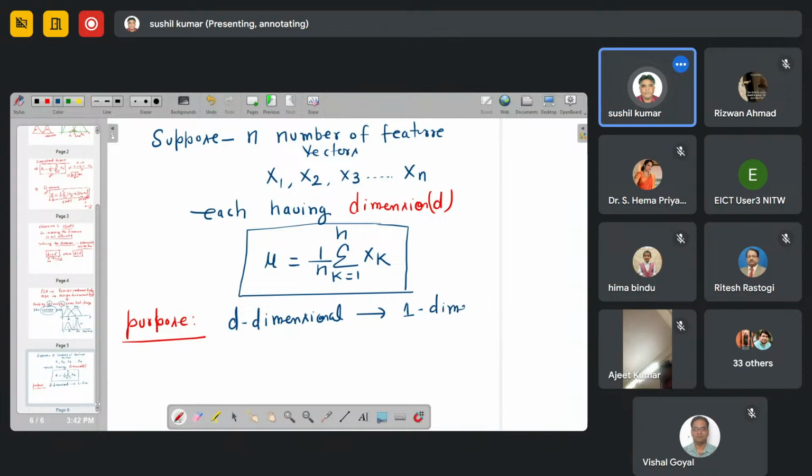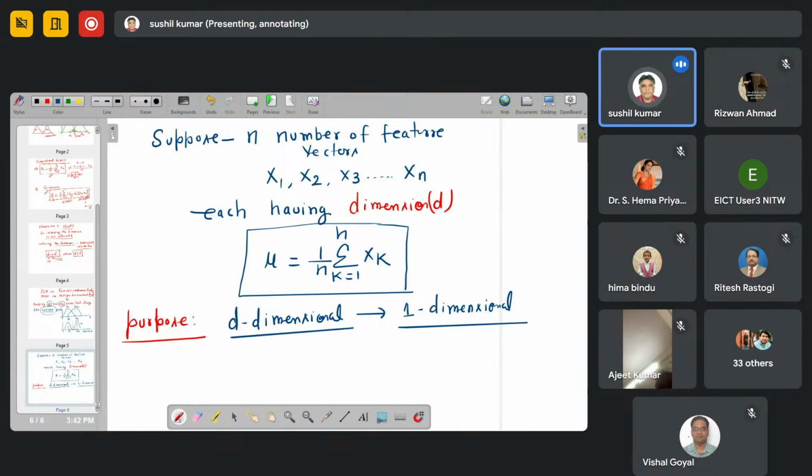It is available in Python; direct functions are available, and you can convert it. But here we are not going for that programming part. We will discuss how it is possible that a d-dimensional vector will be converted into a one-dimensional vector.